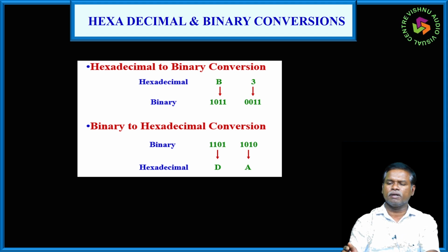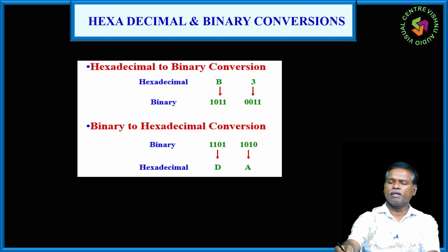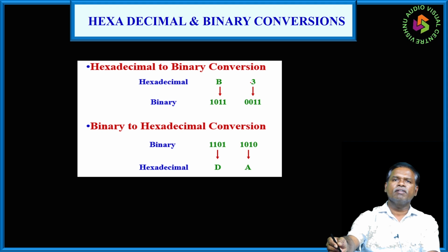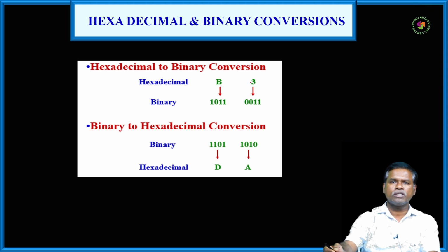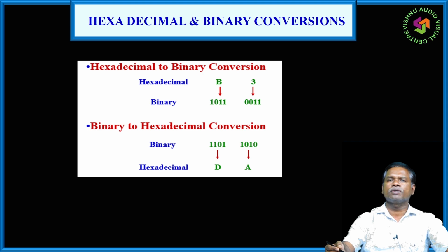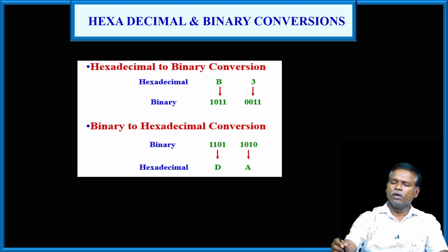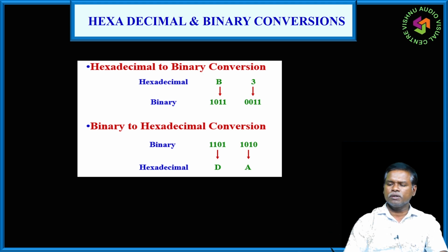That's why B, which is equivalent to 11, is represented as 1011. Again, 3 doesn't require 4 bits by itself, but because every hexadecimal digit uses 4 bits, we represent it as 0011.